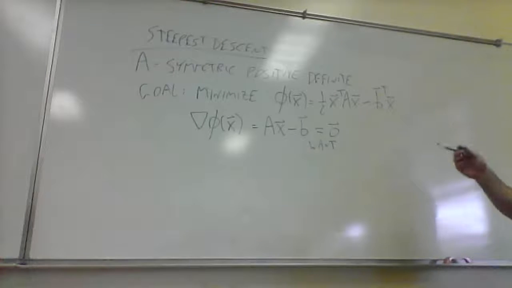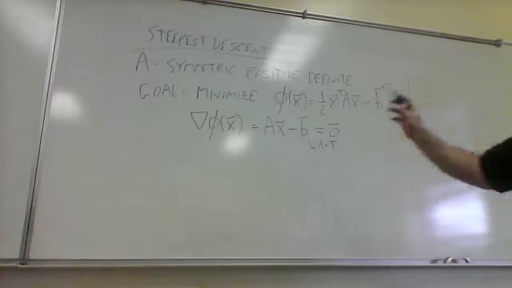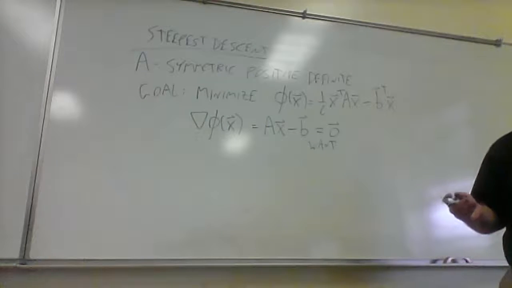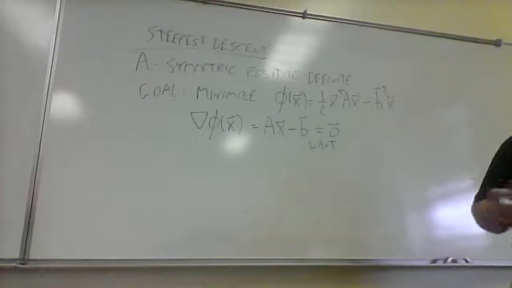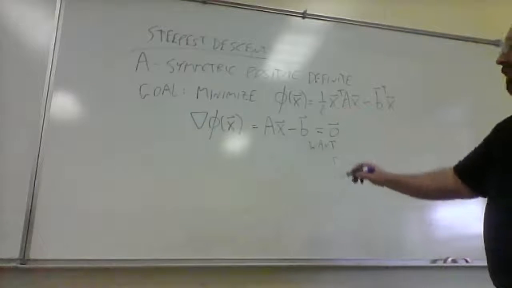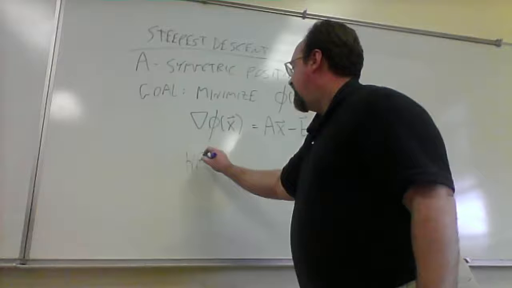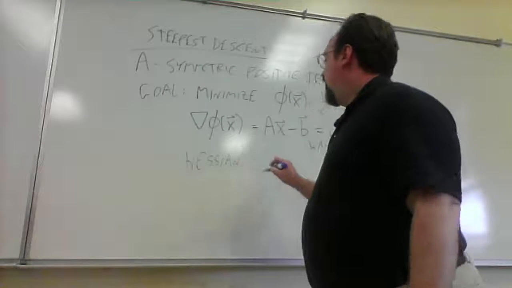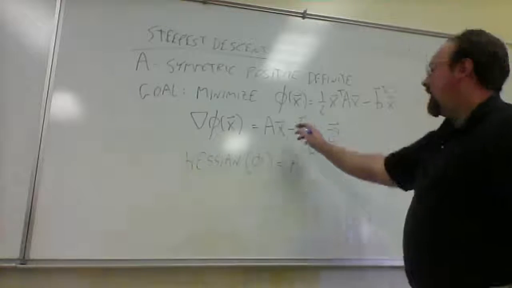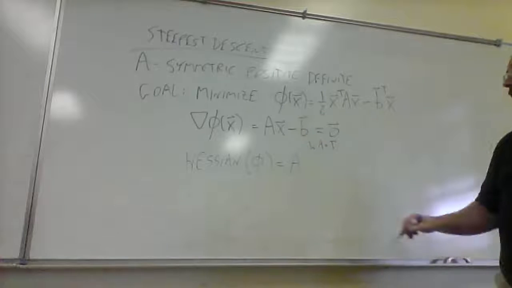So, in other words, solving a system of equations, that's what we really want. Solving Ax equals b is equivalent to finding a minimum of this function. But the gradient may be 0 when Ax equals b, but how do we know that this is a minimum? In single variable calculus, you learn it's a minimum if the second derivative is positive. In multivariable calculus, you have a critical point of a function of several variables, you have to look at the Hessian. The Hessian of phi, in this case, is just A. Basically, you're taking the derivative of this.